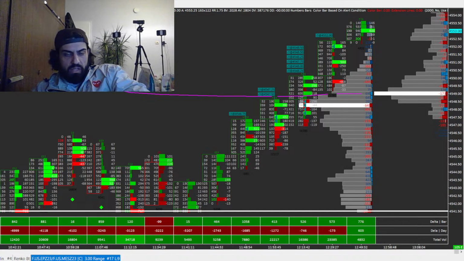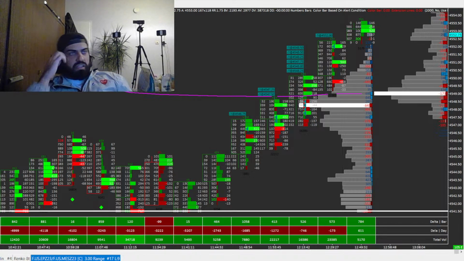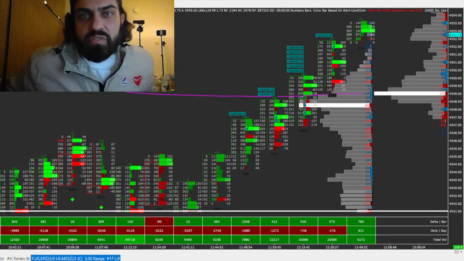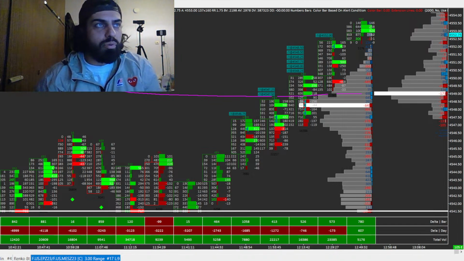These are 12 tick candles. I don't think the actual candle sizing matters too much. When it comes to candle sizing, when it comes to preference of candles, I don't think it's that important, to be honest.